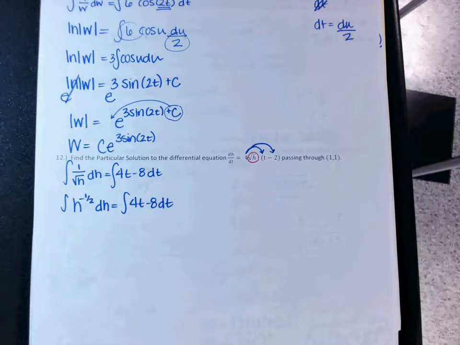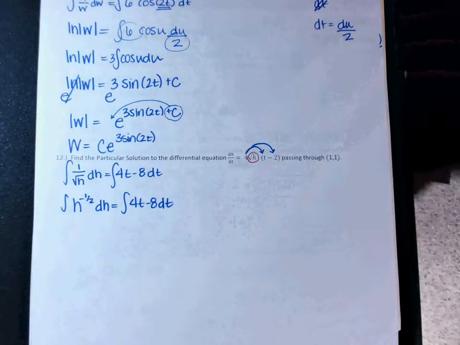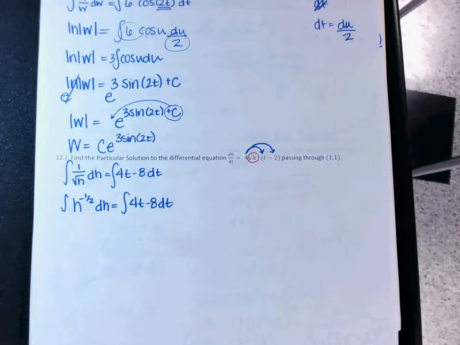Do y'all remember this rule? a to the x plus y is a to the x times a to the y. So if I wanted to break this up, I would break it up into e to the 3 sine 2t times e to the c. Do you agree that that's the same?